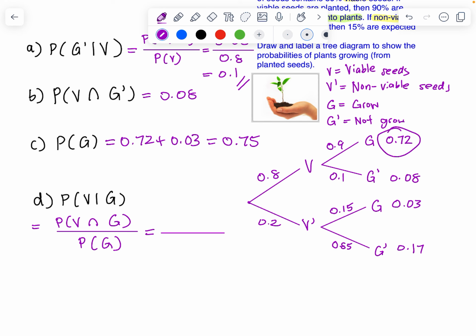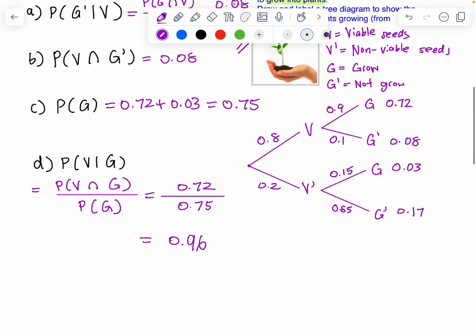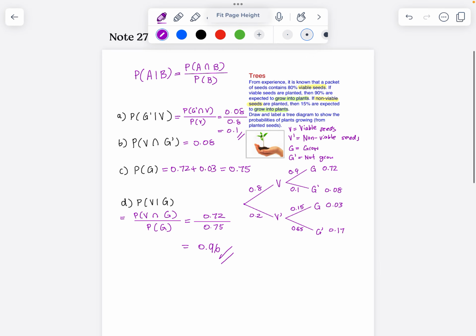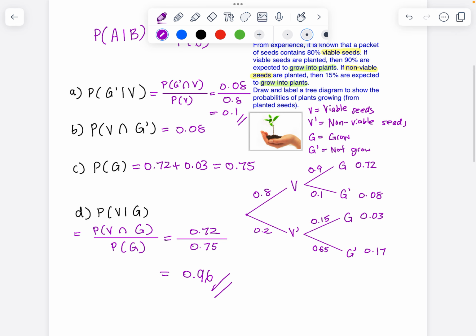Which is 0.72. And what is the probability of G? Well, we just solved that, right? It's 0.75. So if we divide them, we get 0.96. And there you have it. That's how you do probability making use of tree diagrams and applying that to solve various different situations.